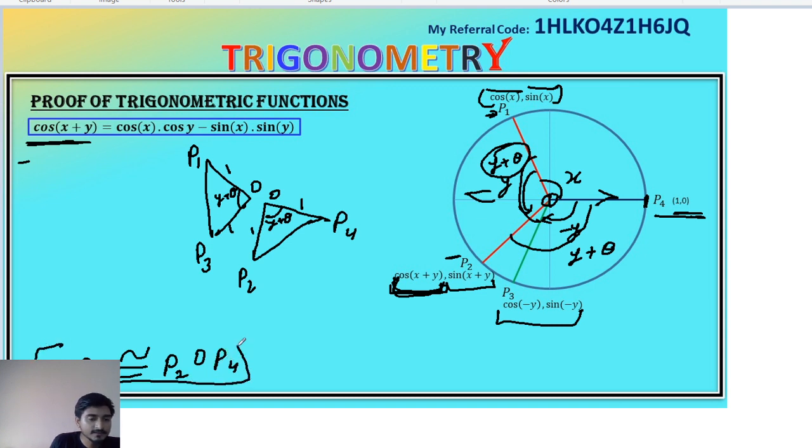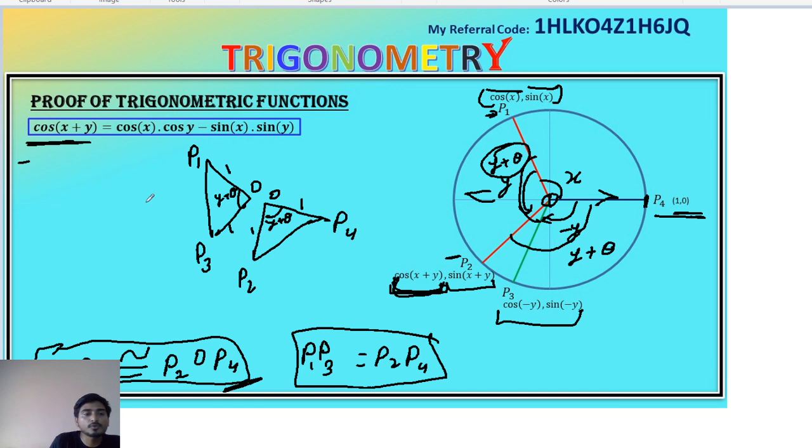If anyone is having any doubt till here, please type a message or you can type in the comment box. Okay, now coming to this, once we have this, it means the side P1 P3 should be equal to P2 P4. So we will use this understanding to prove this formula. From this, all that I will write just now is what we will carry forward, and the remaining will be deleted.